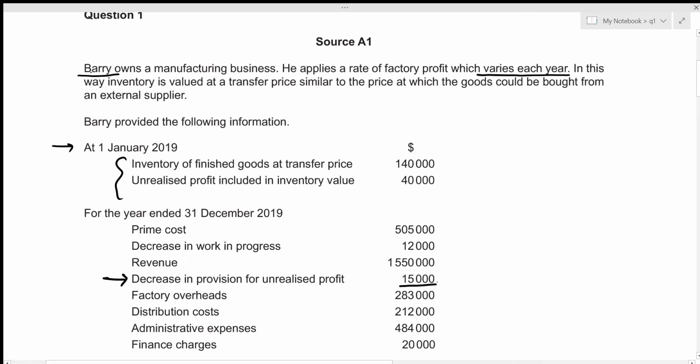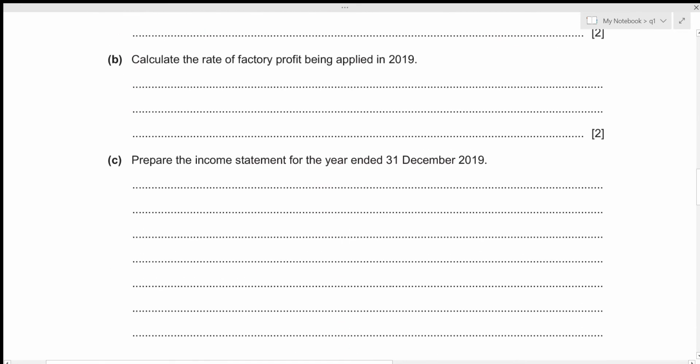So what this means is that our closing provision for unrealized profit is 15,000 less than the opening unrealized profit included in inventory value because there is a decrease. If it were to be an increase, then we would have added this 15,000 to our opening unrealized profit in order to figure out our closing unrealized profit included in inventory value, right? So we can easily figure it out. Let's write it down.